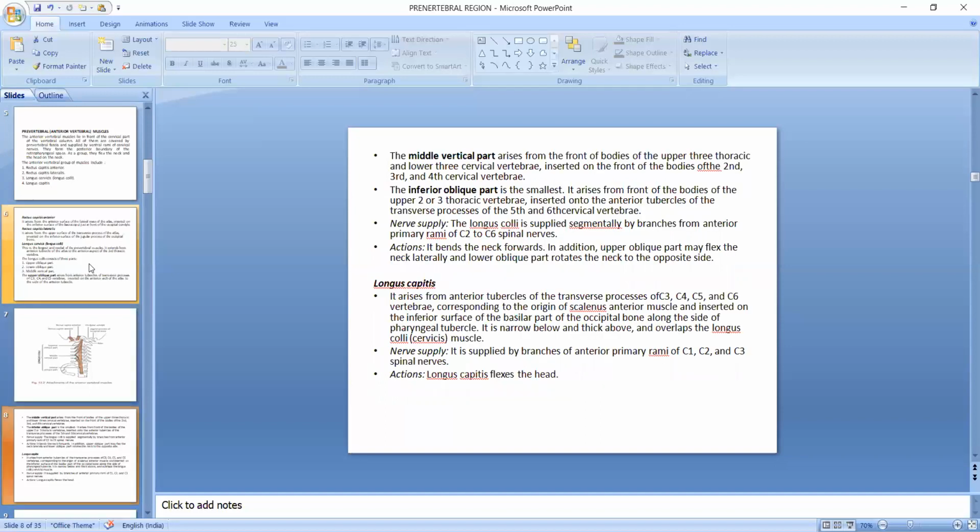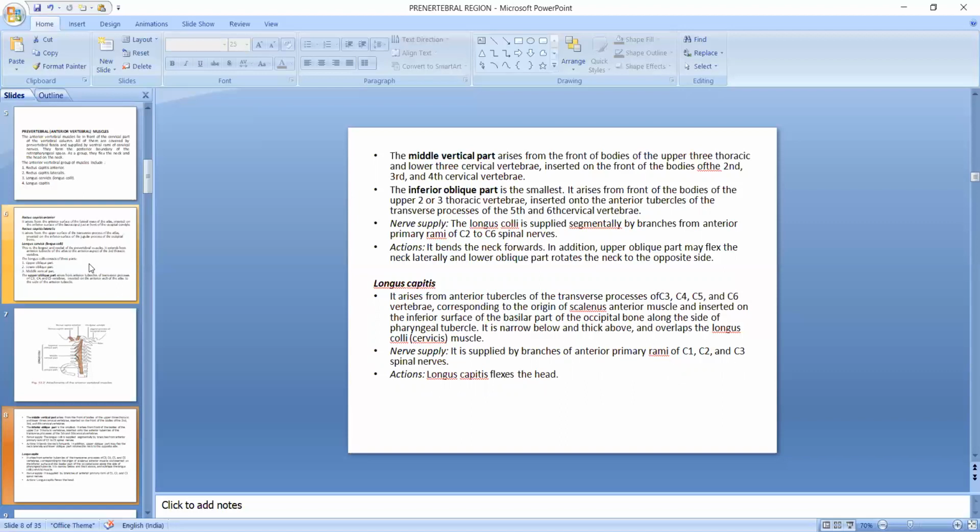Middle vertical part arises from the front of the bodies of the upper three thoracic and lower three cervical vertebrae, inserted on the front of the bodies of the second, third, fourth cervical vertebrae. Inferior oblique part is smallest and arises from front of bodies of the upper second or third thoracic vertebra and is inserted onto the anterior tubercle of the transverse process of the fifth or sixth cervical vertebra.